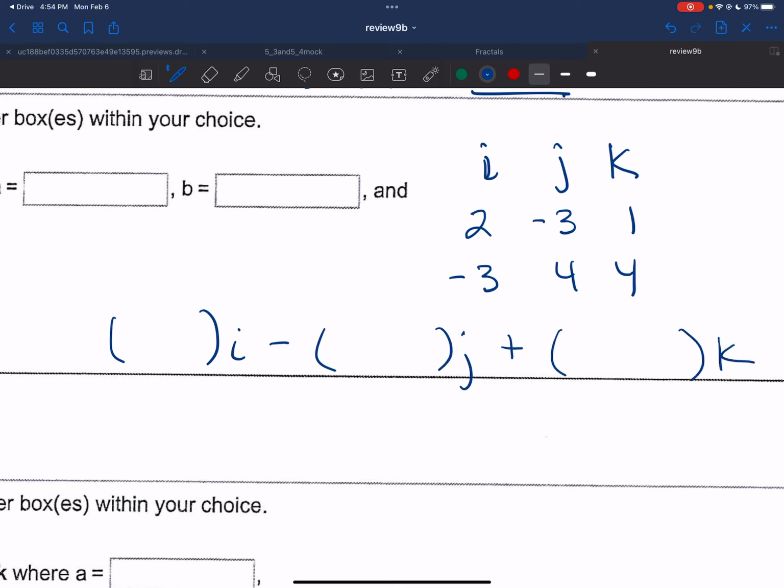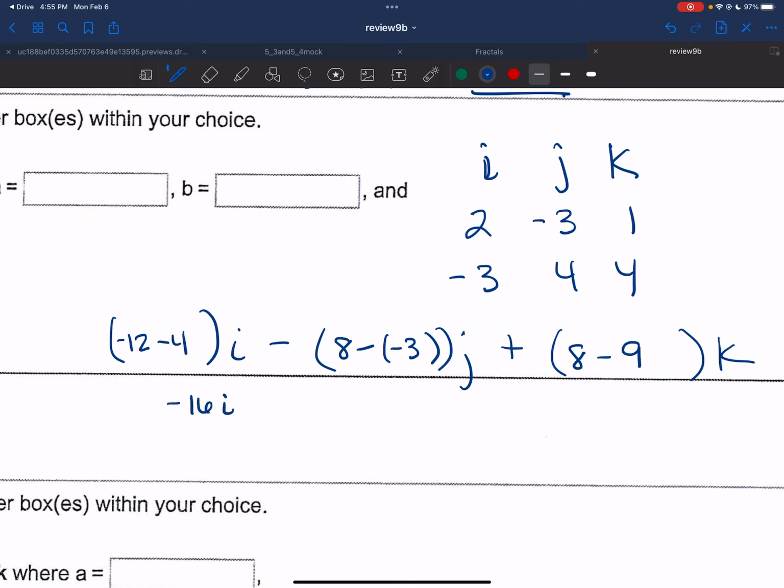Now I have -3 times 4 is -12. 1 times 4 is 4. And 2 times 4 is 8, minus -3 times 1 is -3. And then 2 times 4 is 8, minus 9.